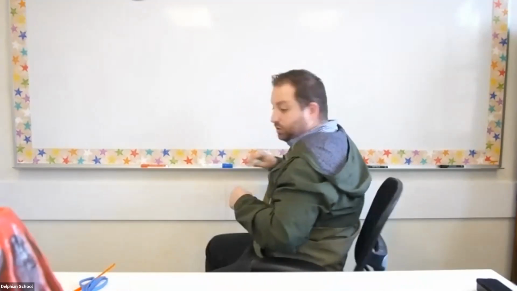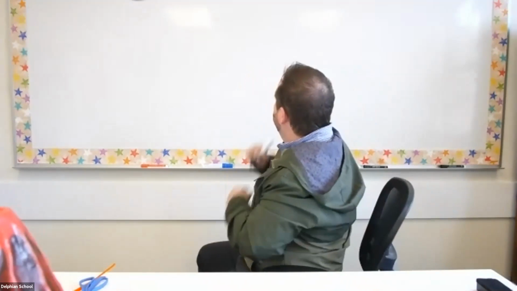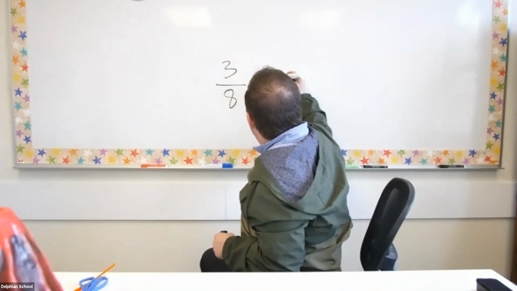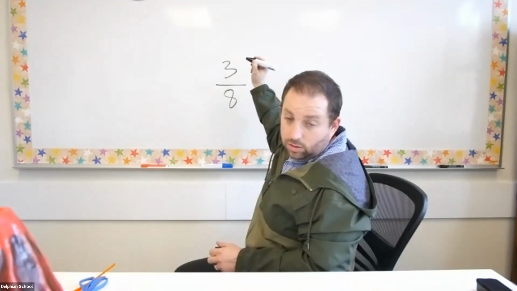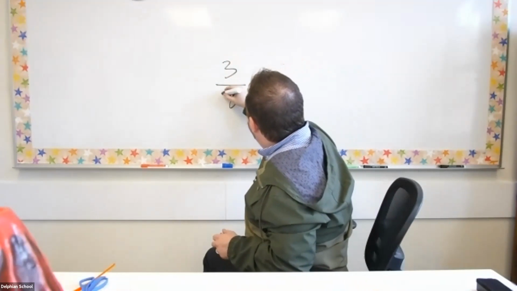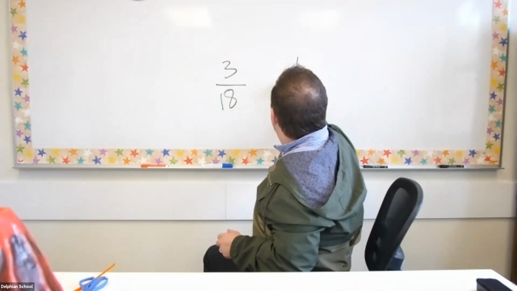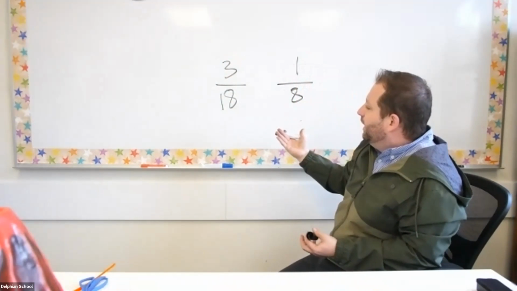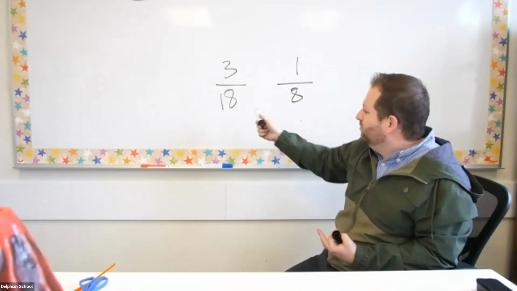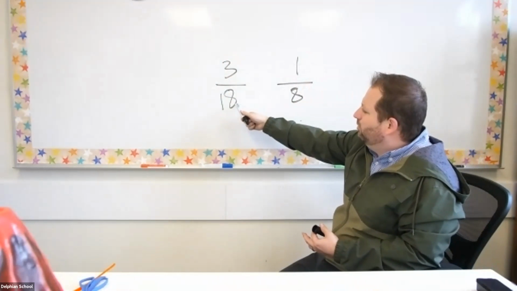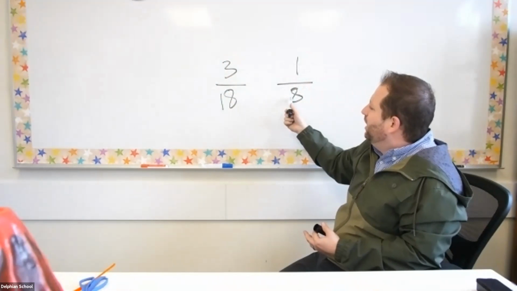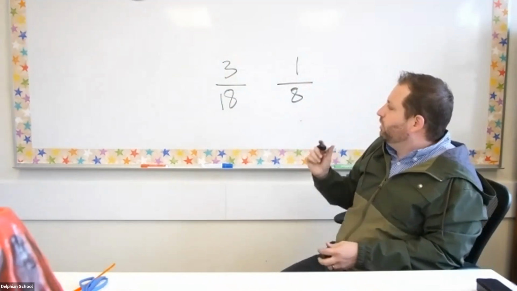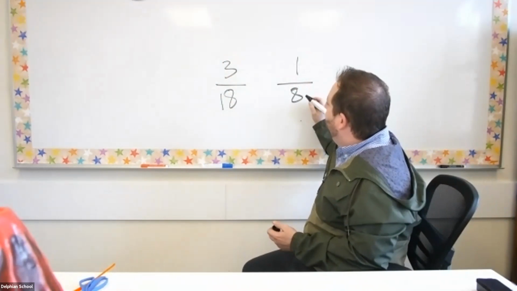I guess either way would have worked, but this is a tough one. I don't see a quick, easy way. I can't multiply or divide that by a number to get to 8. I can't multiply that by a number to get to 18. It's a little bit tricky, but you can do this tricky thing.